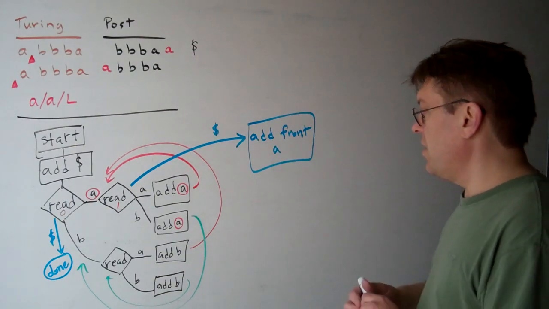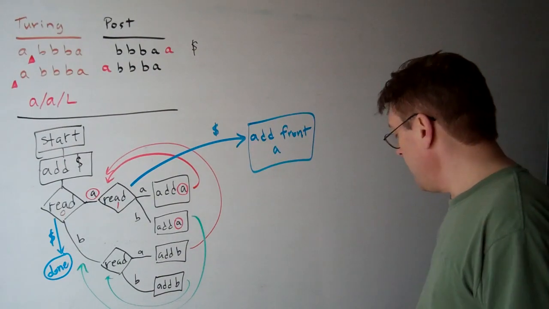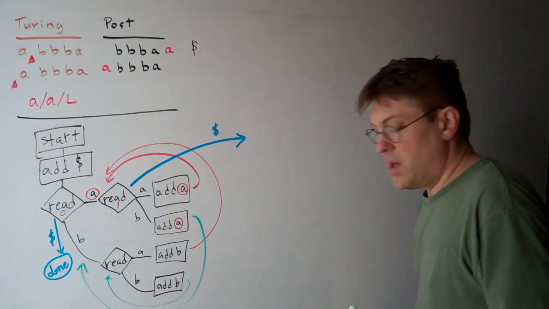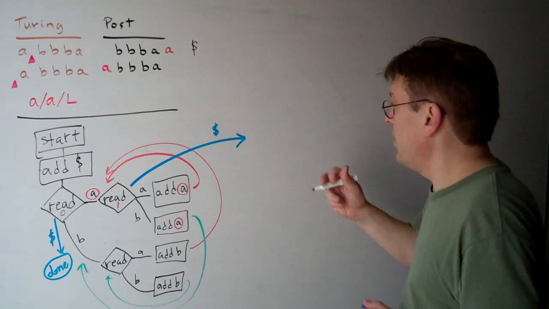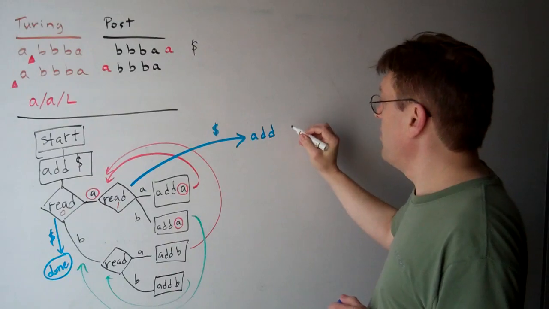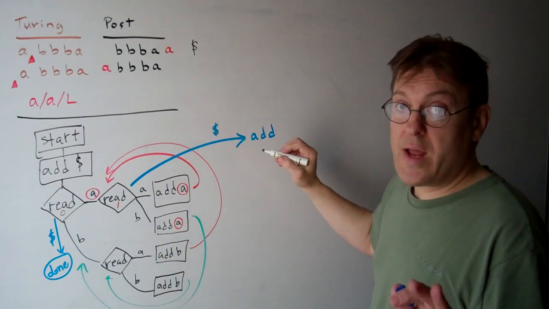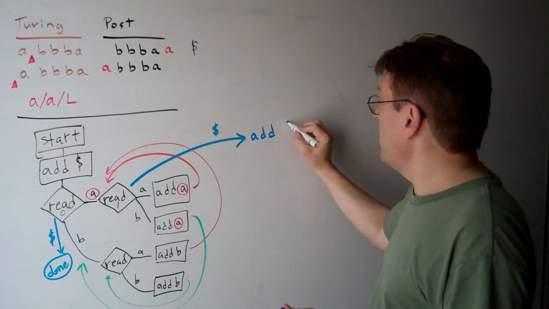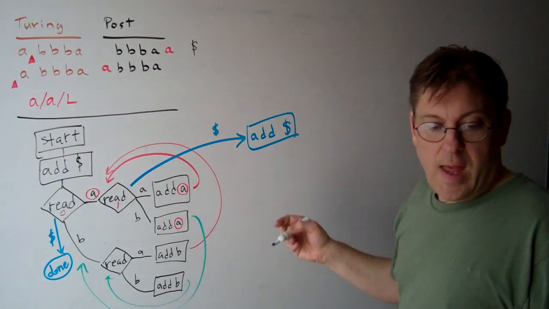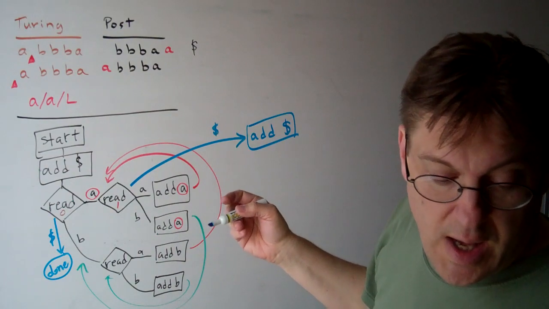This add front thing is basically, in this case, you add a dollar sign. Now remember, you've just read a dollar sign, so now we're going to add another dollar sign at the end, and the old dollar sign's gone.